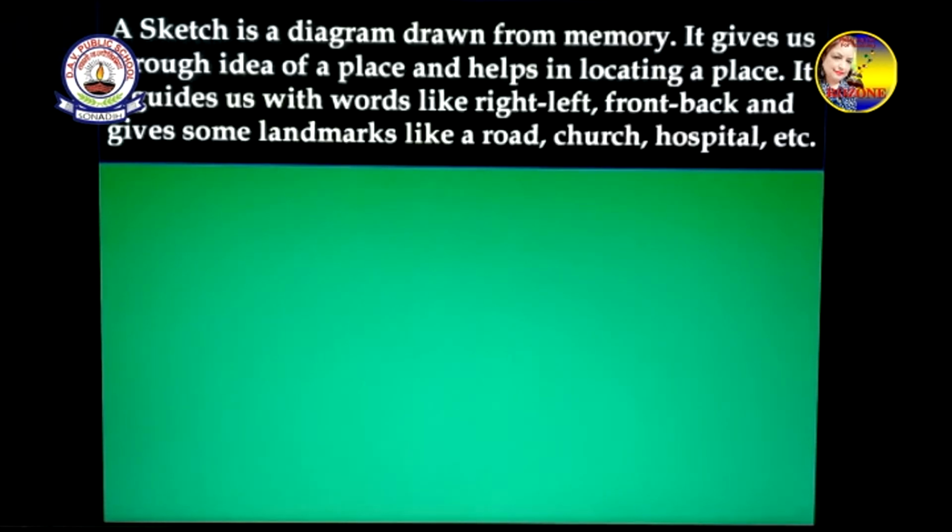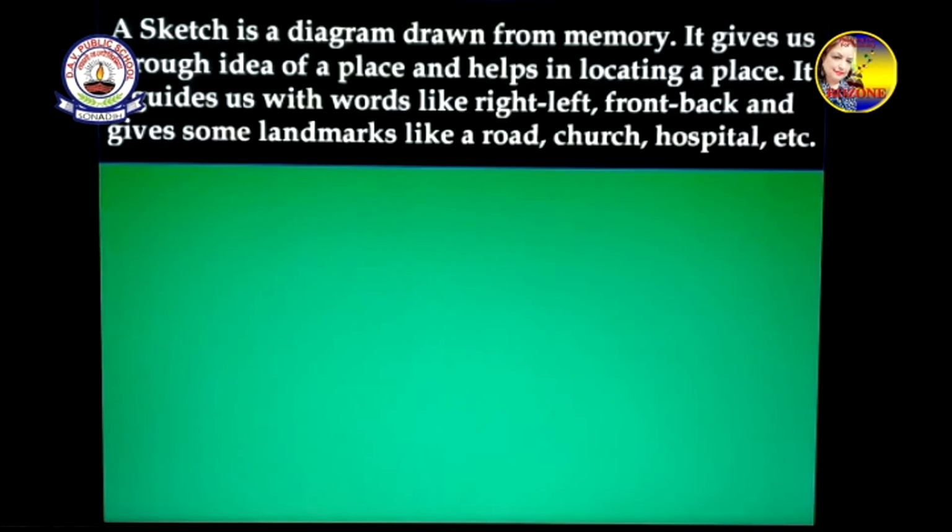If anybody gives you a drawing showing that from this point to that point you can reach, it is a rough drawing. It guides us with words like right, left, go left, and some landmarks.